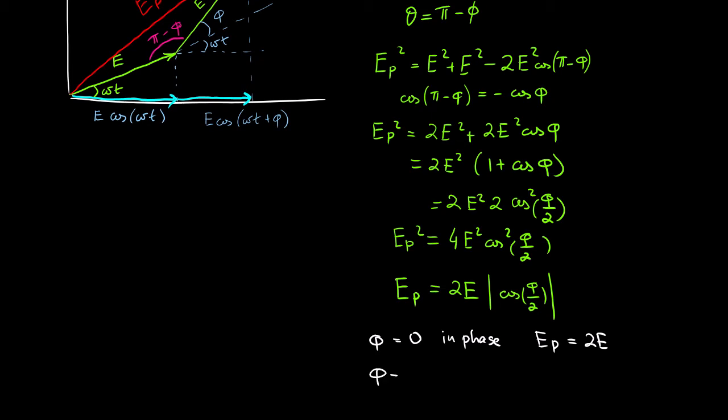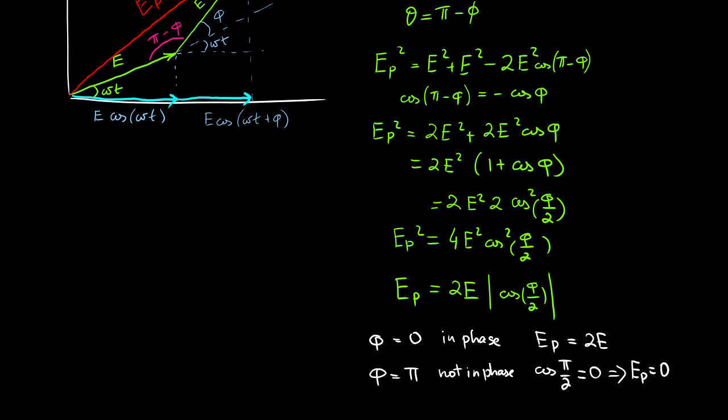When phi equals pi, which is half a cycle, so then we have not in phase, or half a cycle difference, then we would have cosine pi over 2 equals 0, which leads to EP equals 0, so you will have zero intensity.